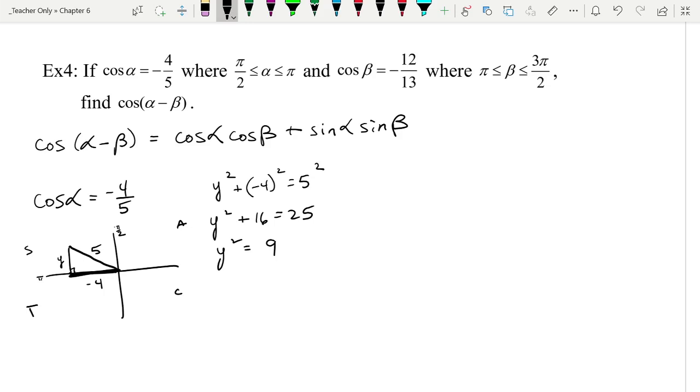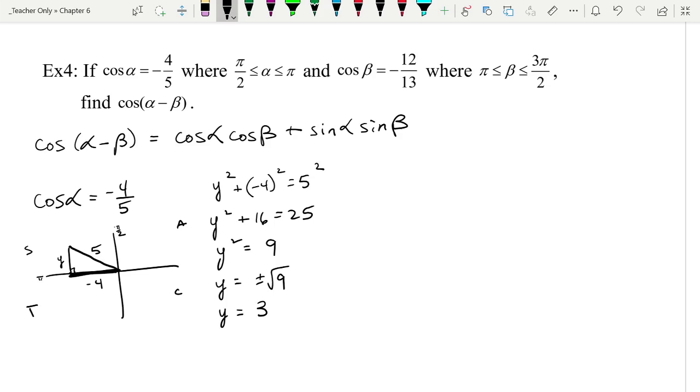Square root both sides. Now remember that when you get to this point, y is equal to the plus or minus root 9, right? You have a choice here. Which answer is it, the plus or the minus? What quadrant am I in? Oh yeah, isn't the y line here a positive line because I'm above 0? Yep. So ignore the negative, it's plus 3.